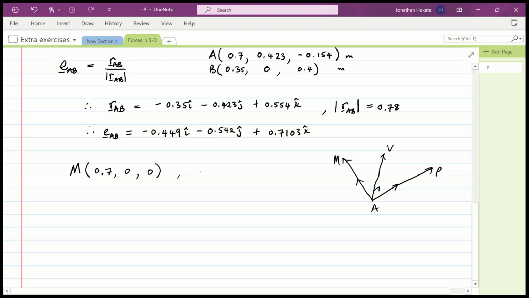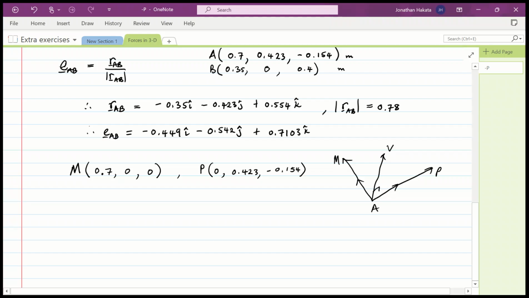And P has coordinates, the x coordinate, remember, is right below the y, so the x coordinate is 0, and the y coordinate is similar to the y coordinate of A, which is 0.423, and as well, the z coordinate is equivalent to the z coordinate of A, which is minus 0.154.